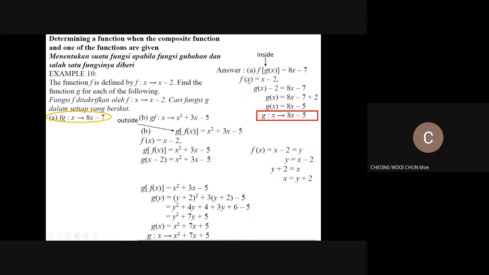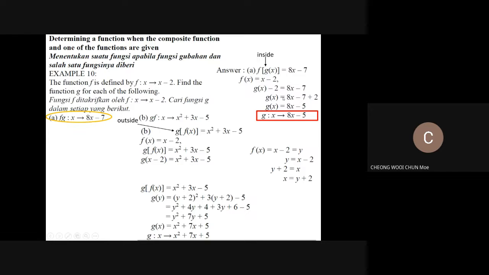So you get the g(x) in front. That's how you find g(x). You put g in front of the x, and then g also goes here, so it becomes g(x) minus 2, and g(x) minus 2 equals fg(x). The given fg(x) is 8x minus 7, so you put 8x minus 7.